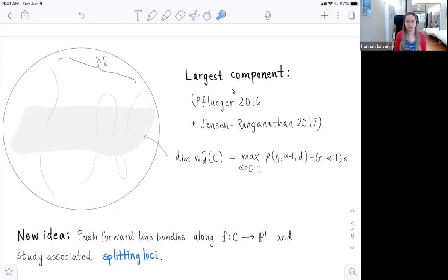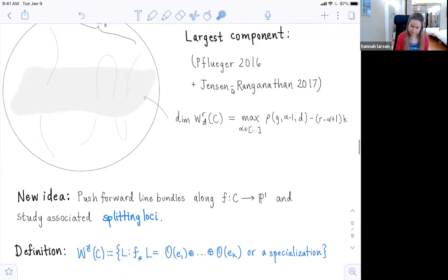If I have a curve together with a map to P1, then I can take any line bundle on my curve and push it forward to P1, and I'm going to get a vector bundle on P1. And this vector bundle will split as a direct sum of line bundles, say O(e_1) through O(e_k).